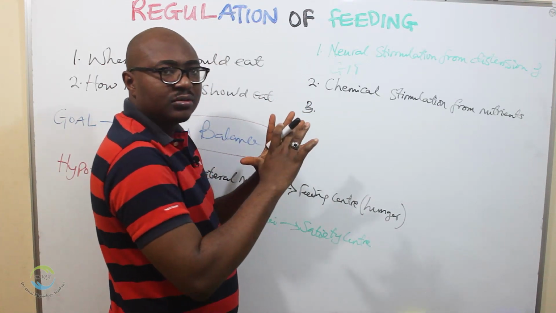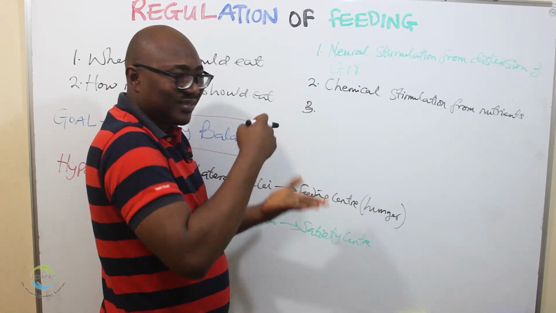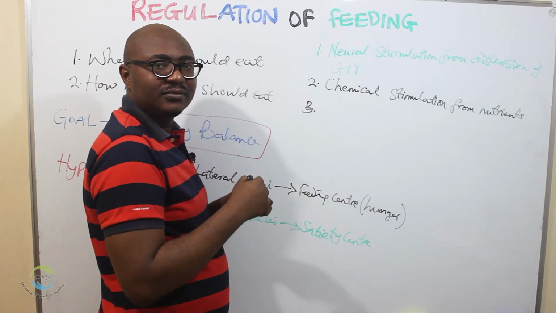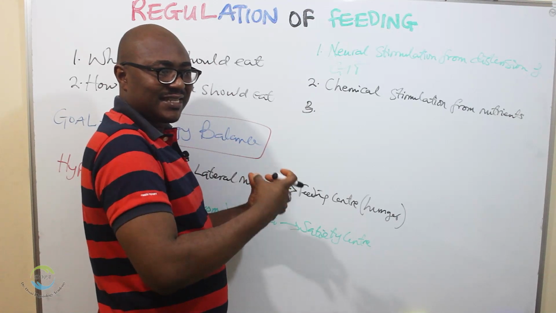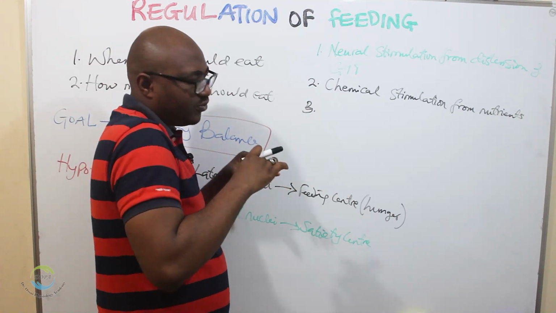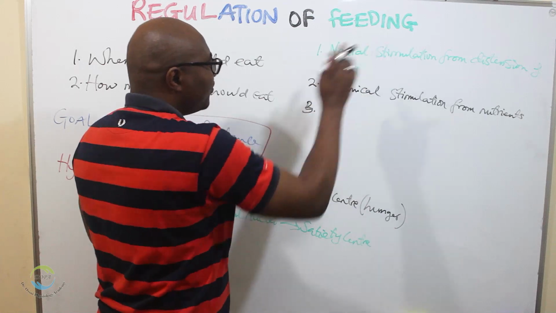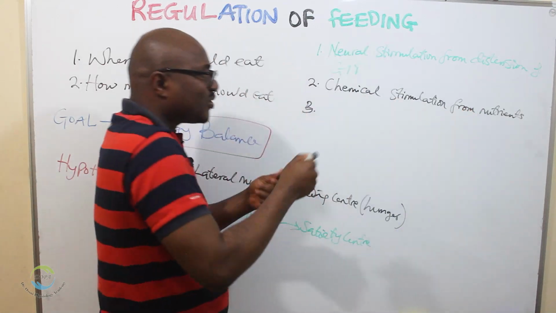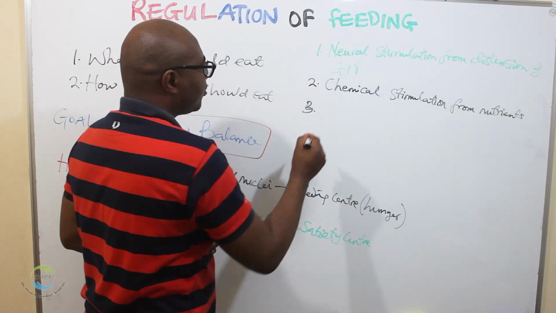Now, hormones from the GIT itself can detect the amount of food. We talk of neural and chemical signals from the nutrients. Now, this one is from hormones.